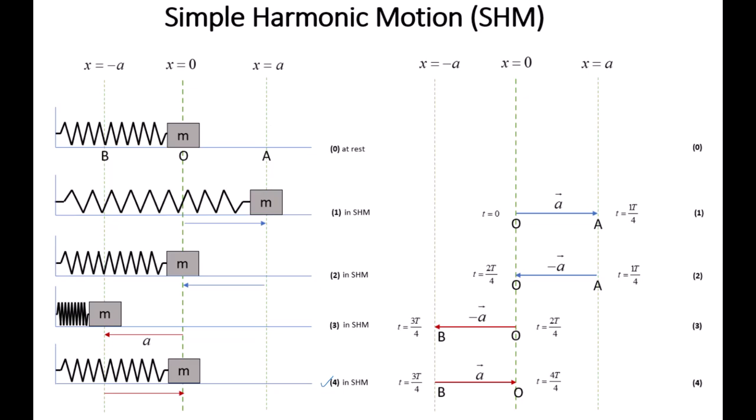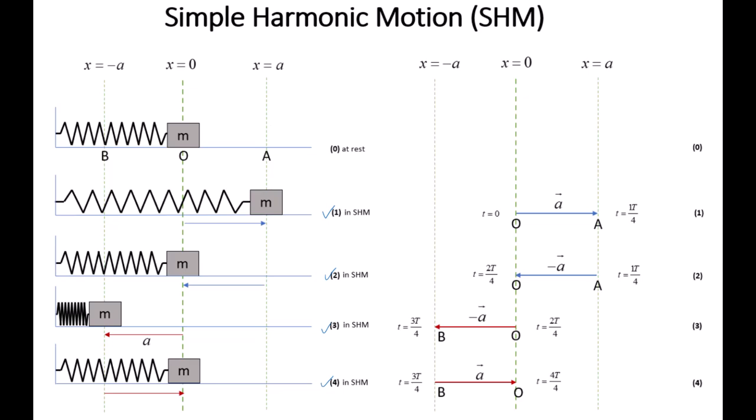So while the object is continuously executing simple harmonic motion, let's understand in terms of the displacement and the time period, one complete cycle. For the purpose of understanding, I've taken the reference figures as 1, 2, 3, and 4. And I have taken the reference or the starting point as the point O.